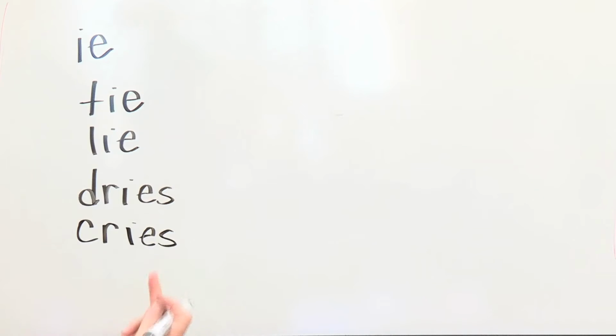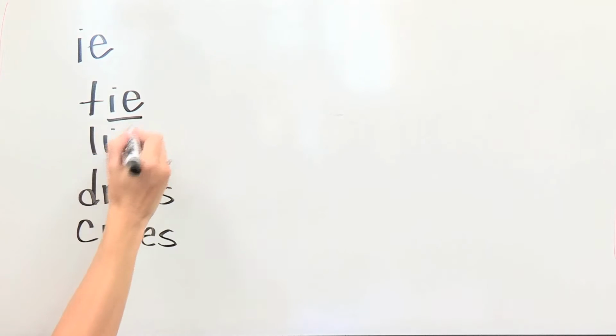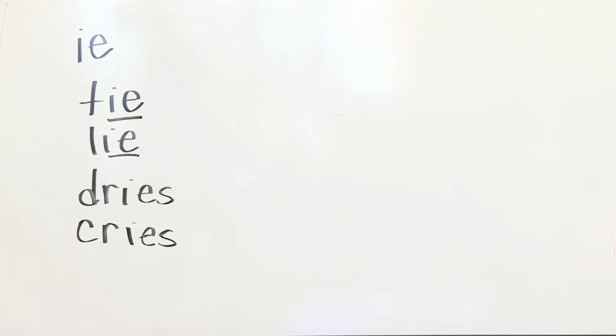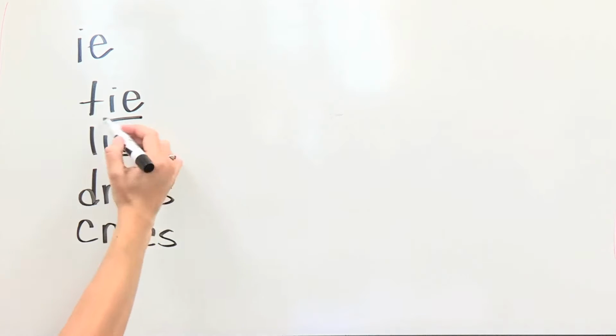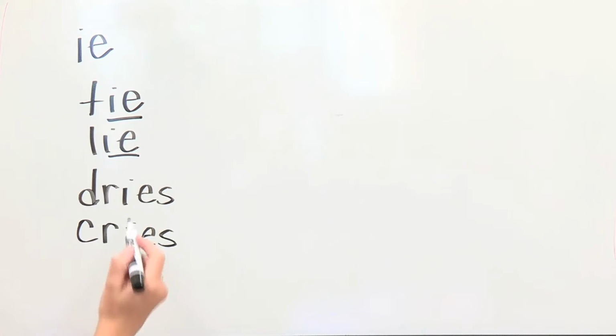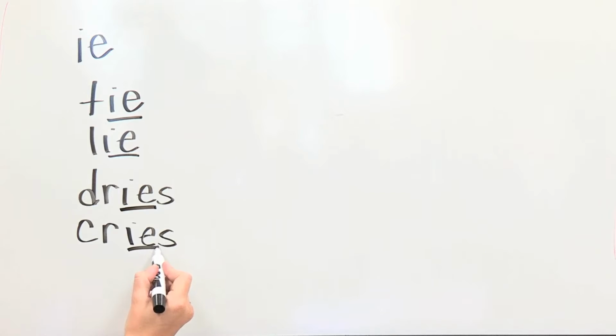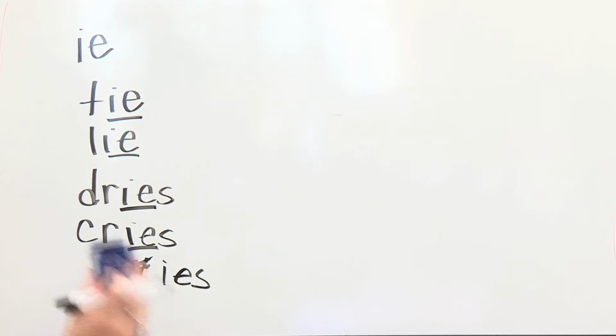But those are the plural forms. But let's look at these. All right. So they end in long I. Tie, lie. So IE is the pattern. And IE is the pattern here because, remember, it's Y, and you change the Y to I, and then you add ES. All right. We'll go over this some more in another lesson.